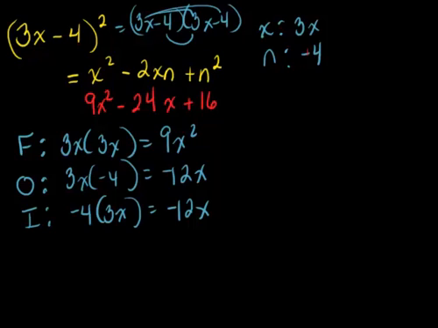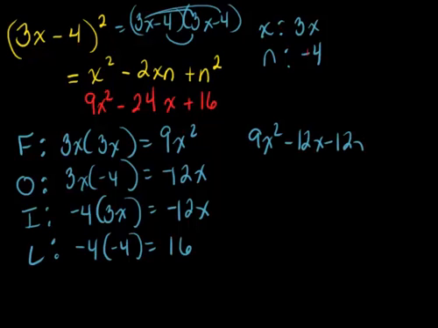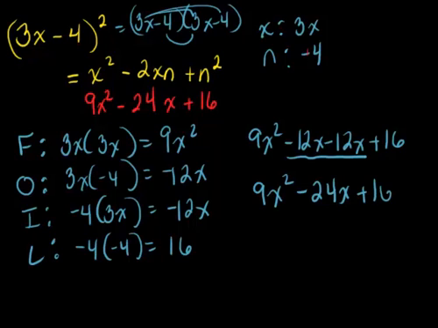And then our last term is negative 4 times negative 4, which is 16. When this is all combined, we get 9x squared minus 12x minus 12x plus 16. This does not cancel out because it's not minus 12 plus 12. So it's 9x squared minus 24x plus 16.